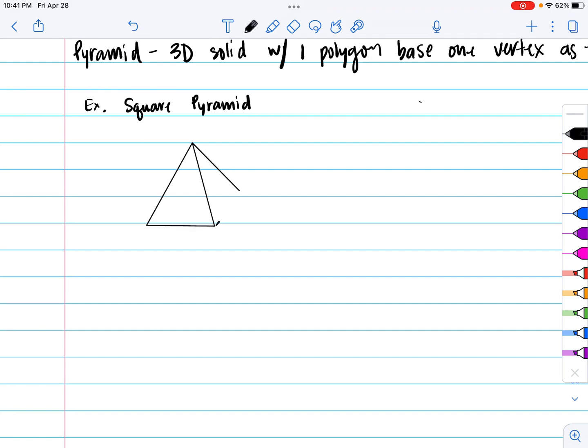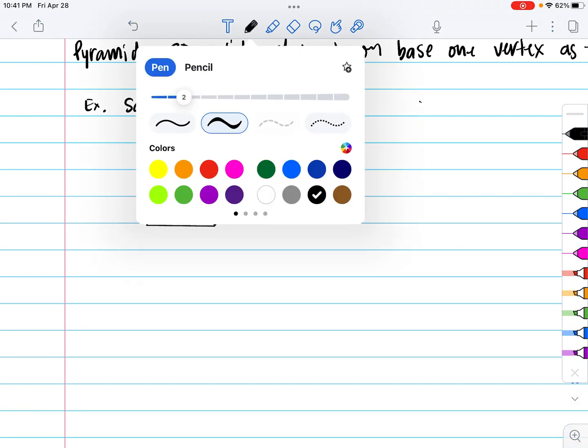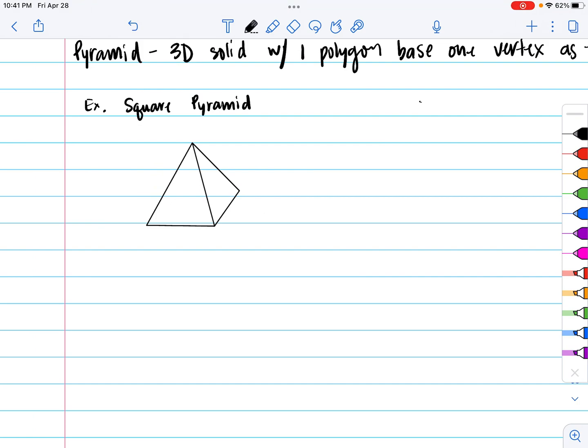And then we could just start drawing the square base. We can't see the back side, and there's a lateral edge that you can't see, but I'm going to make this dotted because right now we have two faces. I drew one more line almost straight down. We could continue to draw the square base. And here we have a square pyramid.